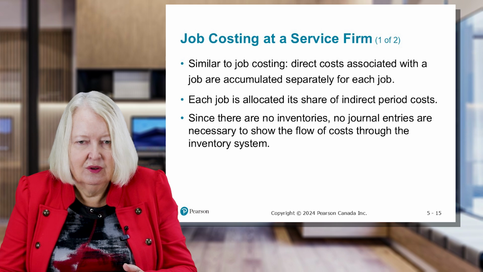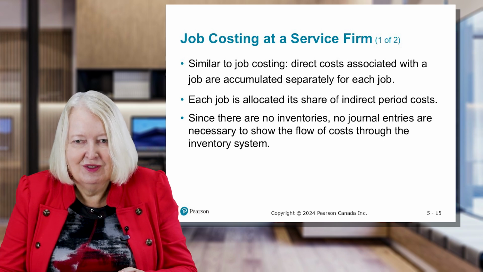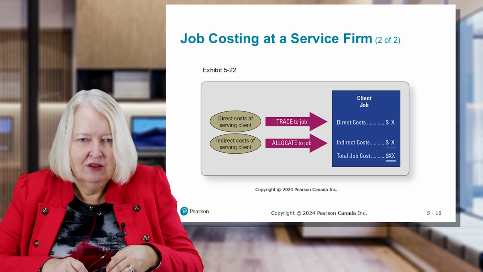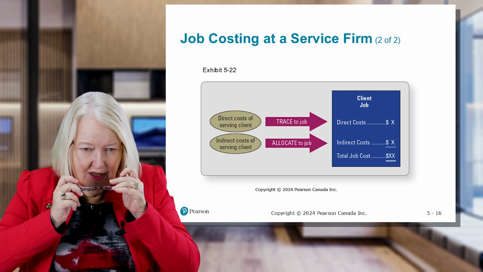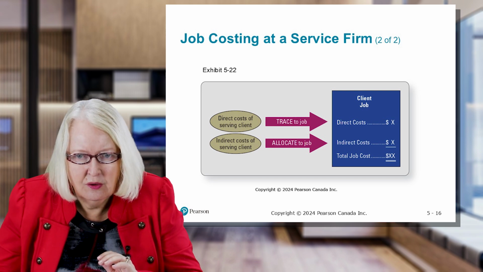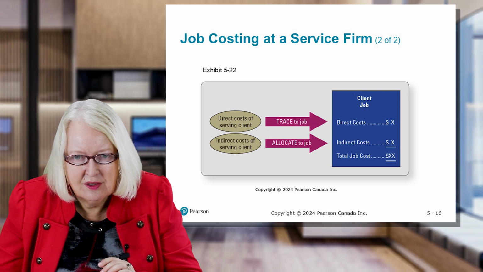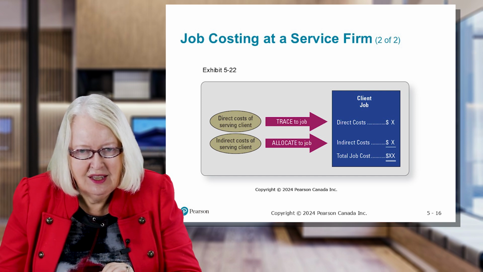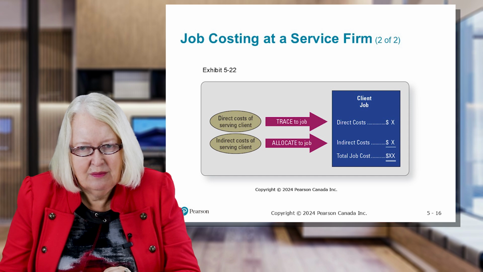So there's no inventory, so it's not as complicated to do job costing for a service firm. In this example here, you have your job costing at a service firm. So you have your direct cost plus your indirect costs, which will give you the total cost of doing that job for that particular client. So that ends the PowerPoints on Chapter 5.